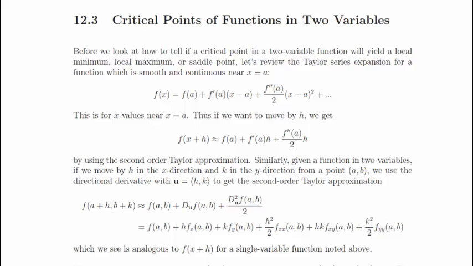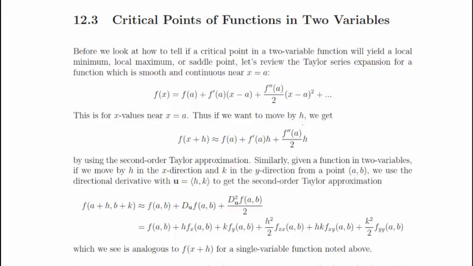So given a function f of x, if it's a nice smooth function, then it has a Taylor series expansion. If it's smooth and continuous near x equals a, it has a Taylor series expansion around x equals a. That Taylor series expansion is f of x equals f of a plus f prime of a times x minus a plus f double prime of a over 2 times x minus a squared plus etc. This is for x values near x equals a.